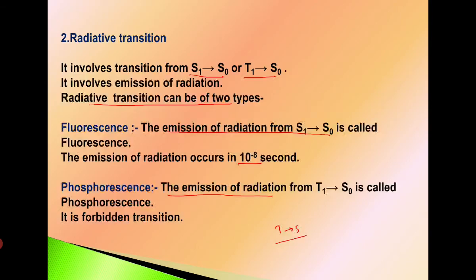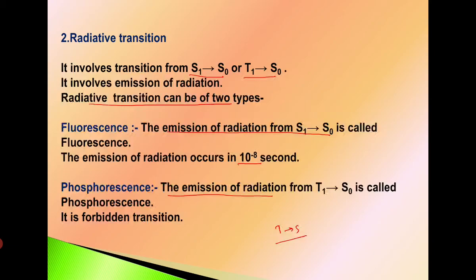In this way, Jablonski explained the de-excitation of electrons in photochemical reactions, how they are getting de-excited and what is happening during the process, which involves two types of transitions. First, non-radiative transitions, in which radiations are not released.